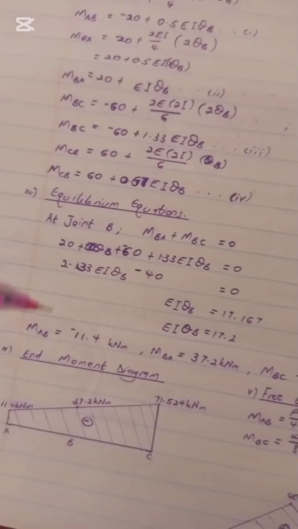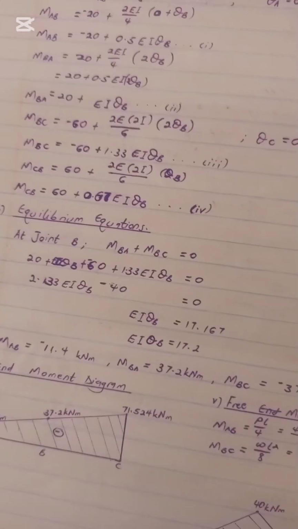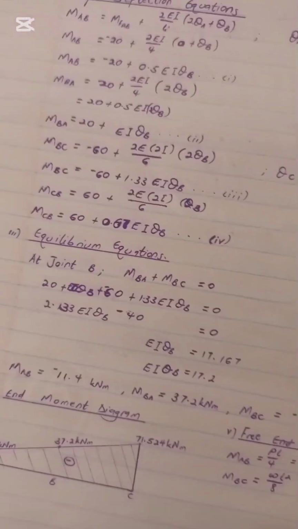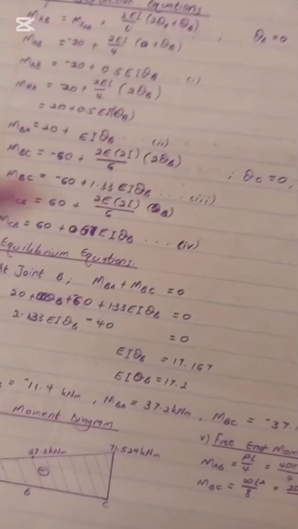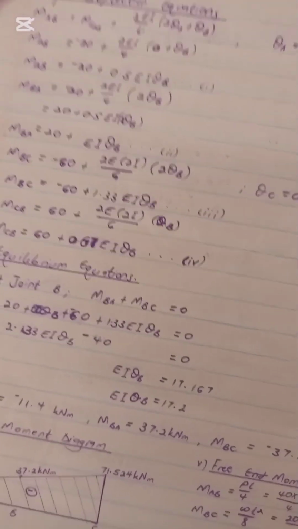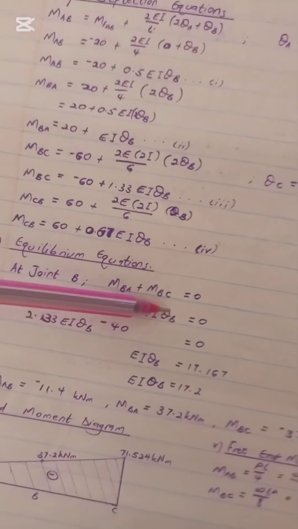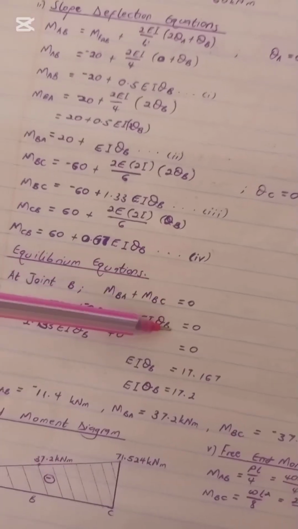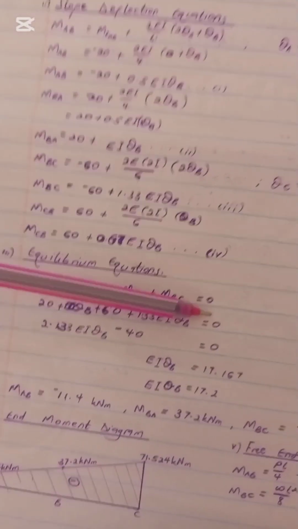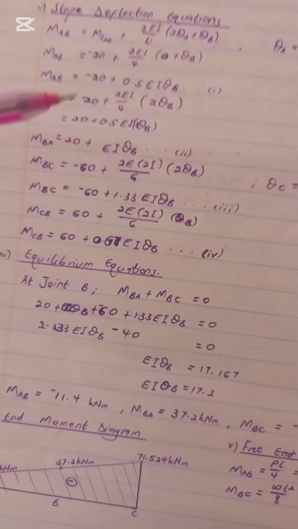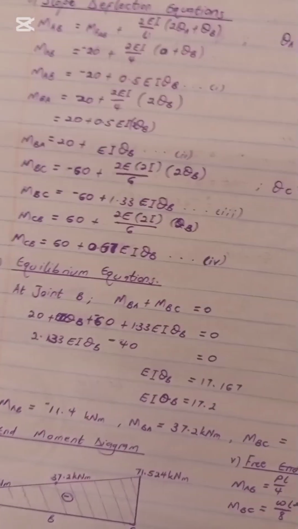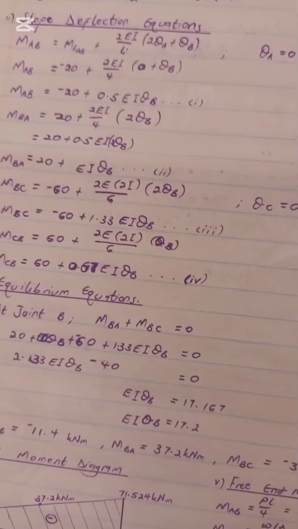Then we're going to also calculate the equilibrium equations, and we have one joint in this number, and that's joint B. That means that the moment at BA plus the moment at BC will equate to 0. You get it? The summation at a joint is always equal to 0. You should have that at the back of your mind, right?